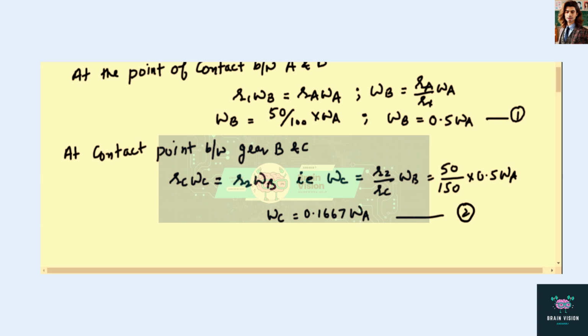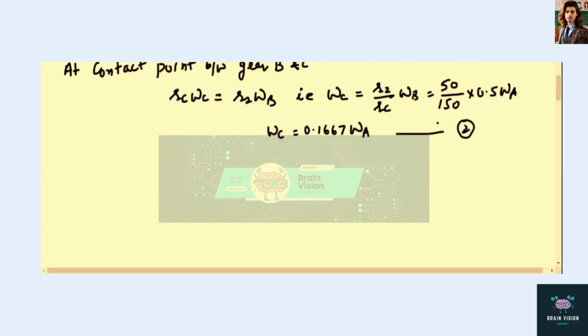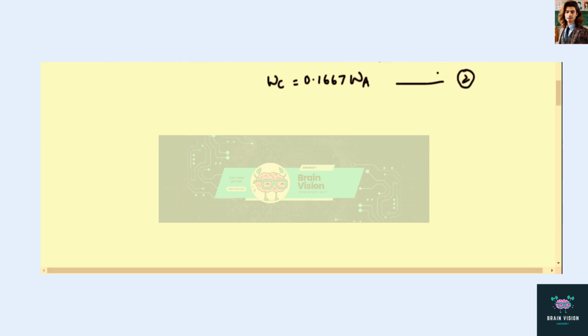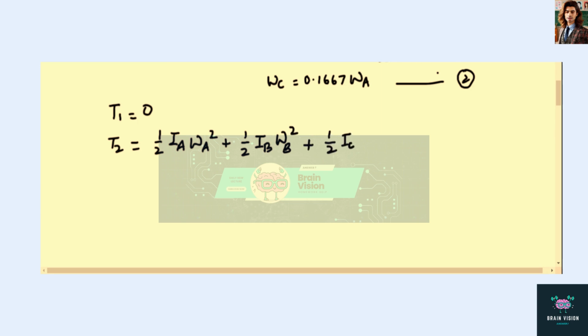Initial kinetic energy is 0. The final kinetic energy of the system would be half IA omega A square, plus half moment of inertia of B times the square of its angular velocity, plus half moment of inertia of C times its angular velocity square.